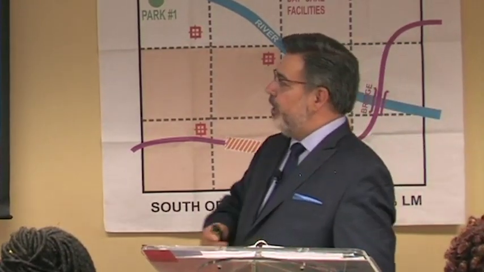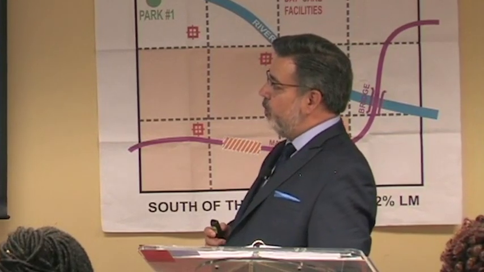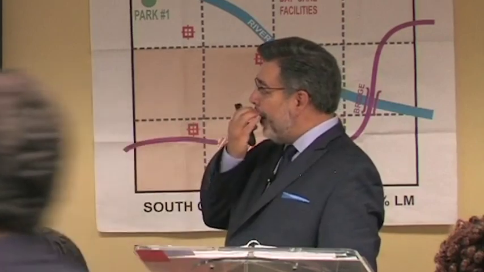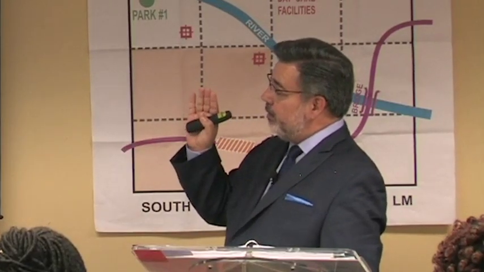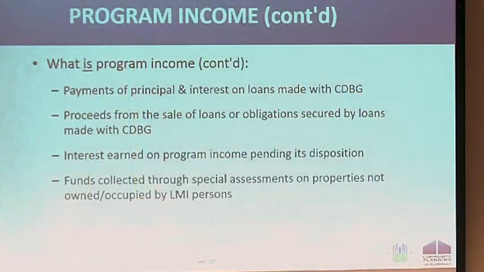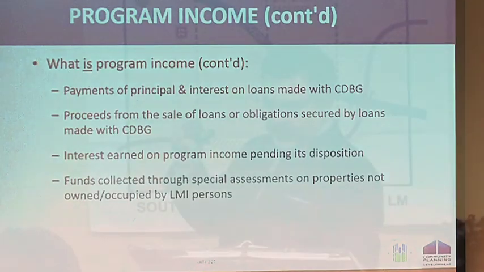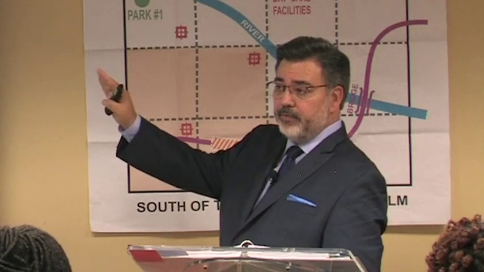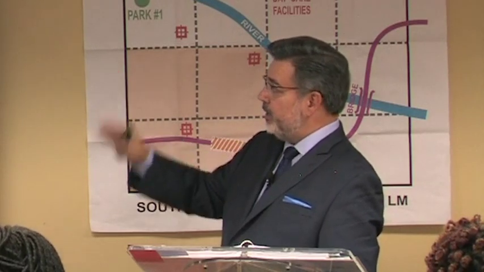We have income generated from some Section 108 loan activities, and if you have a Section 108 loan and you want to know what the exception is for program income, I'm going to give you the citation. It's 24 CFR Part 570.500(a)(4)(ii). So if you have a Section 108 loan and you want to know if you have any exceptions, go to that section, okay?